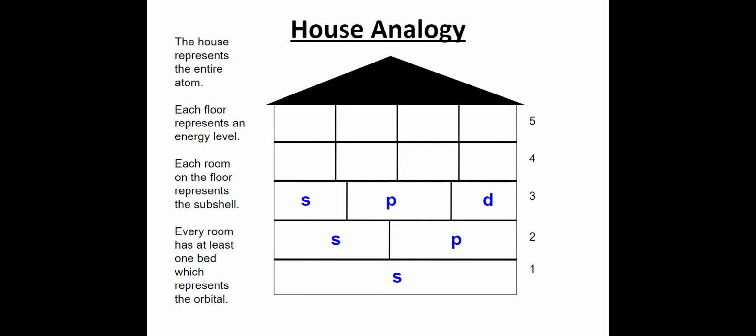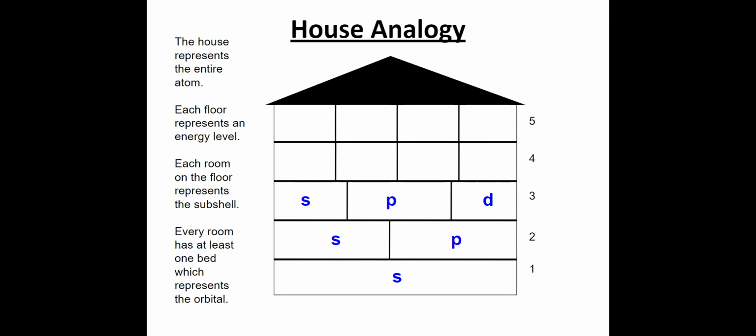The third floor, the third energy level, has 3 subshells. The 3s subshell can hold 2 electrons. The 3p subshell can hold 6 electrons. The 3d subshell has 5 beds. Each bed can hold up to 2 electrons.